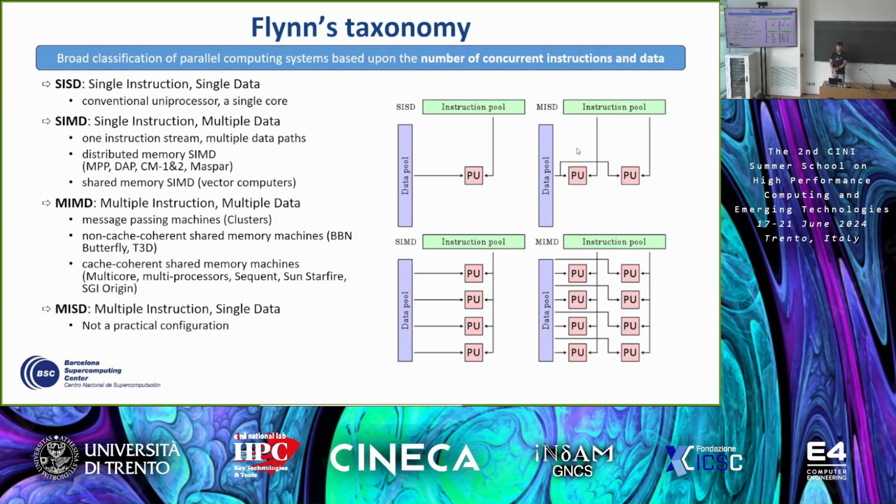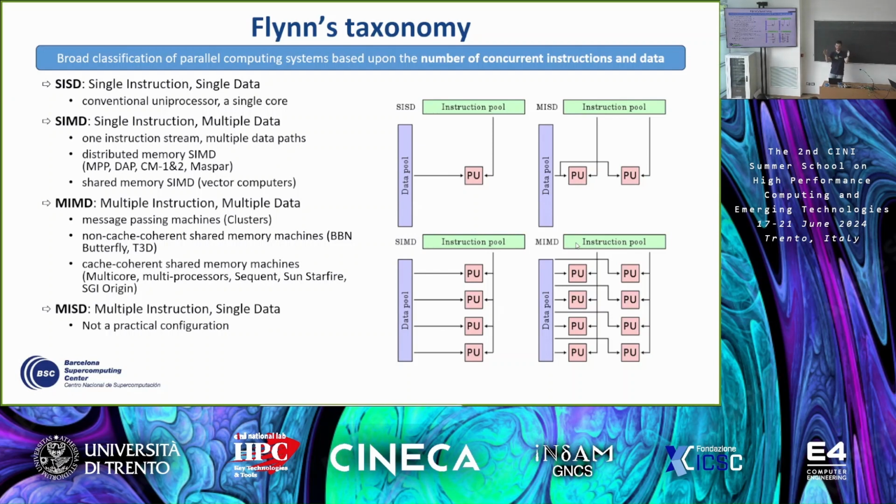Then if we go to the bottom, we can have SIMD, single instruction multiple data. So you issue an instruction, you operate on several data. And then you can have multiple instruction multiple data. So you can have multiple instructions flying, operating on multiple data.